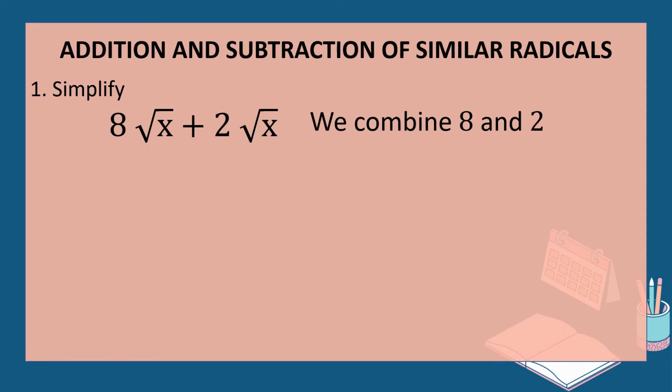We now combine positive 8 and positive 2. The answer is positive 10. Then we copy square root of x. So the simplified form of 8 square root of x plus 2 square root of x is equal to 10 square root of x.